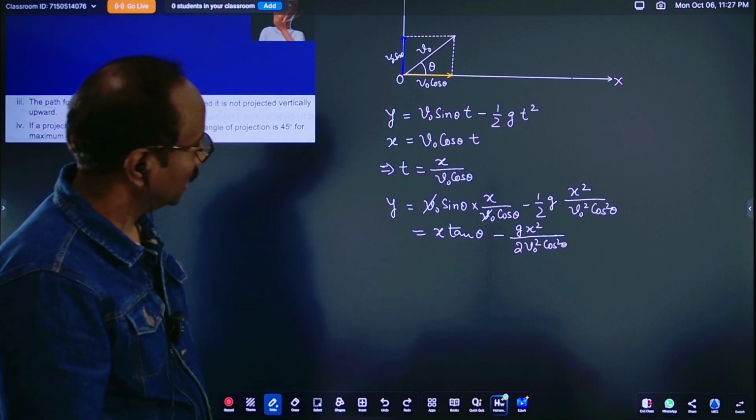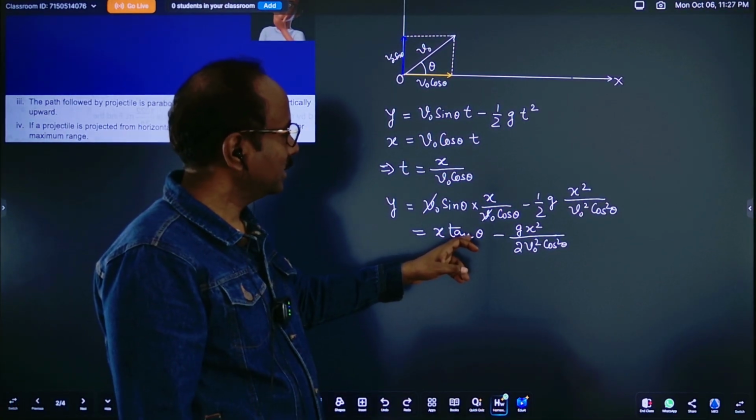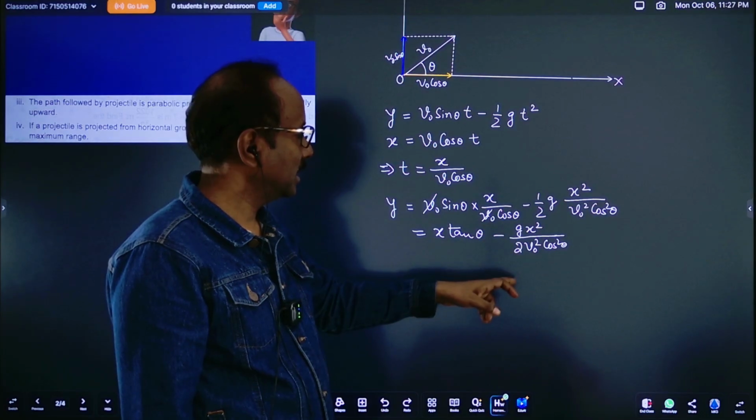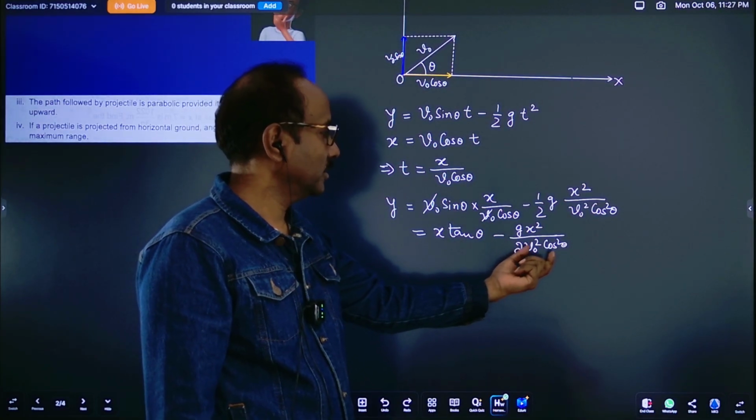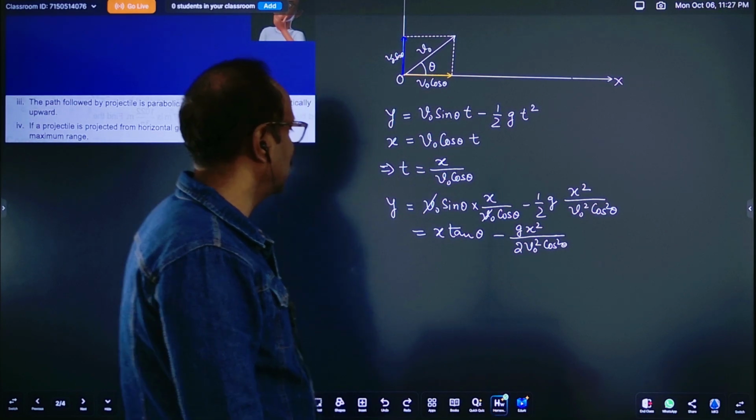So tan theta is constant, g is constant, 2 v naught square is constant, cos square theta is constant.